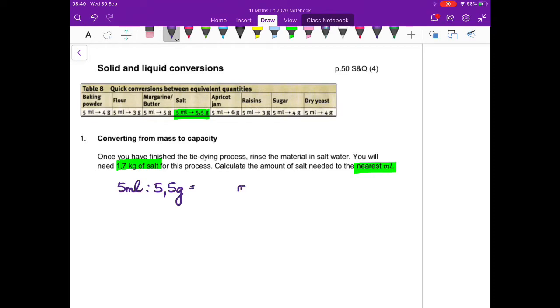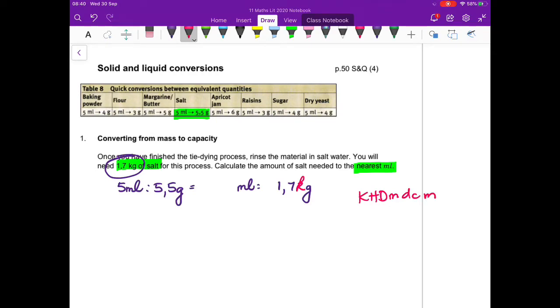On this side, remember I've got to have milliliters to grams. I have got 1,7 kilograms of salt. So it is 1,7, and this is the problem, kilograms, and I need grams. So once again, you're going to go to King Henry died miserable death called measles.